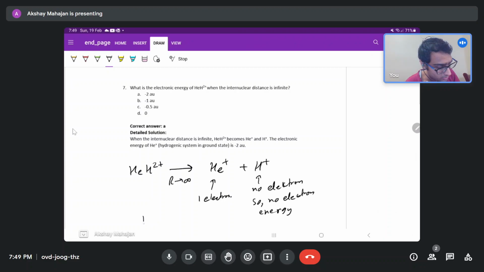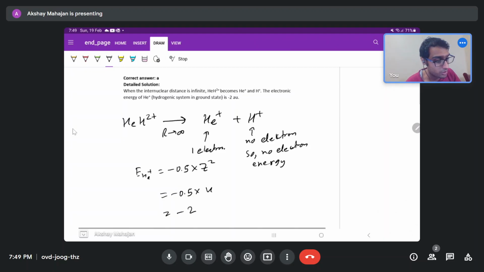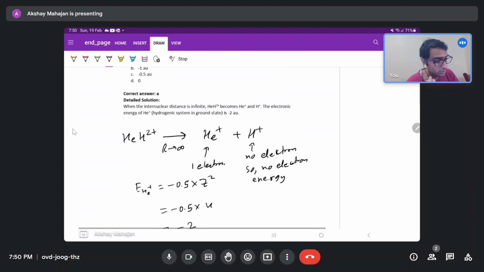So the energy of He plus will be equal to minus 0.5 times Z squared. That is 0.5 times Z, which is 2, squared is 4, and that will give you 2. So the answer will be minus 2 Hartree. So that is how it has been solved.